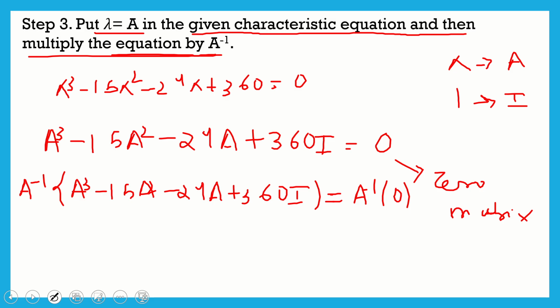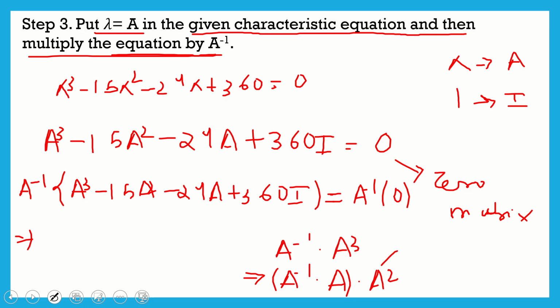Now if you multiply it, I am going to solve one term, and the remaining you will understand quickly. So if I multiply A inverse into A cube, A cube can be written as A inverse into A square, right?